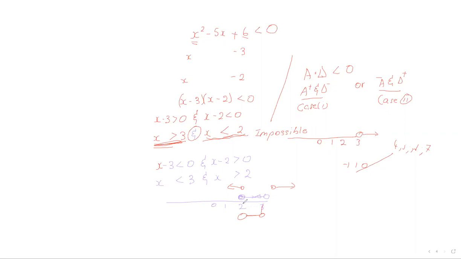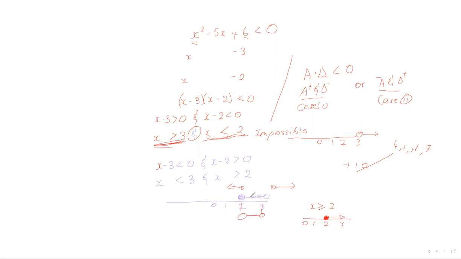Three is not included, 2 is not included. If we had x is greater than or equal to, then 1 2 3 there. This will be that 2 is included because of the equal sign. That's how we represent that.